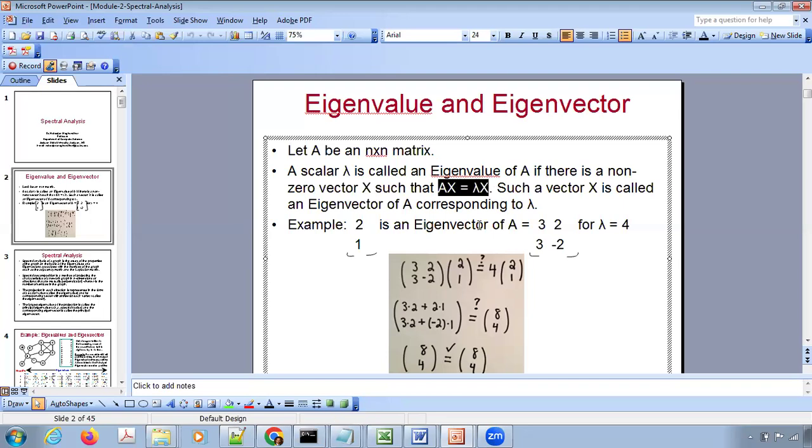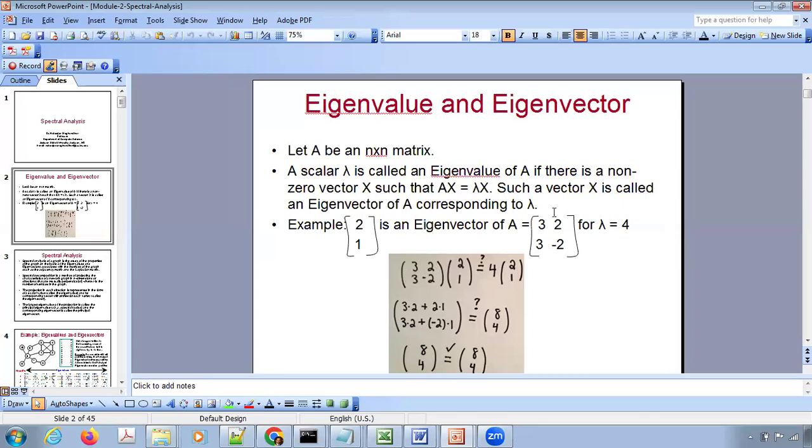So when you multiply A, which is a square matrix, by this x, which is a vector, a column vector, called the eigenvector, the product of these two will also be equal to the product of this eigenvalue, which is just a number, we call this a scalar value, multiplied by that column vector. So I show that here.